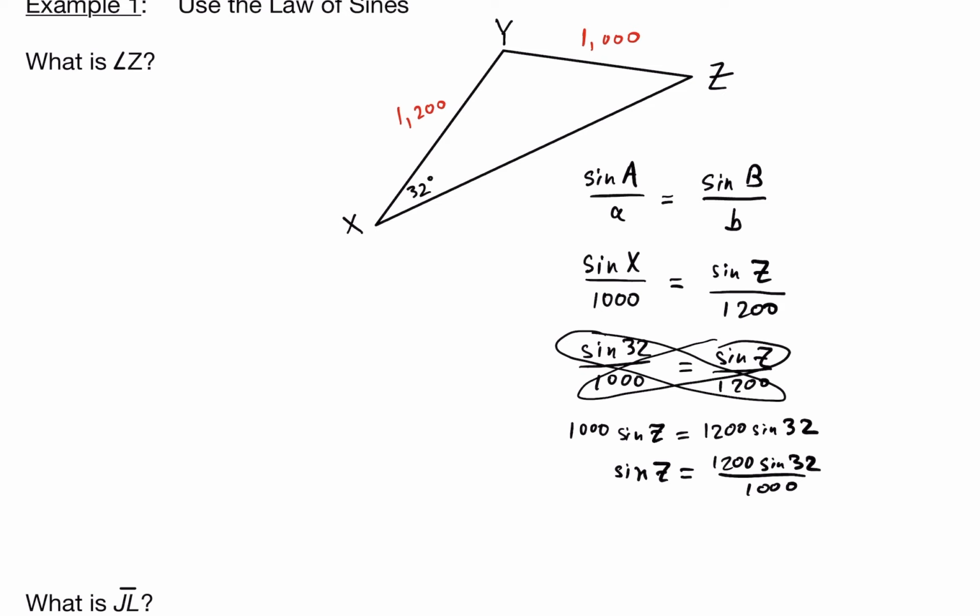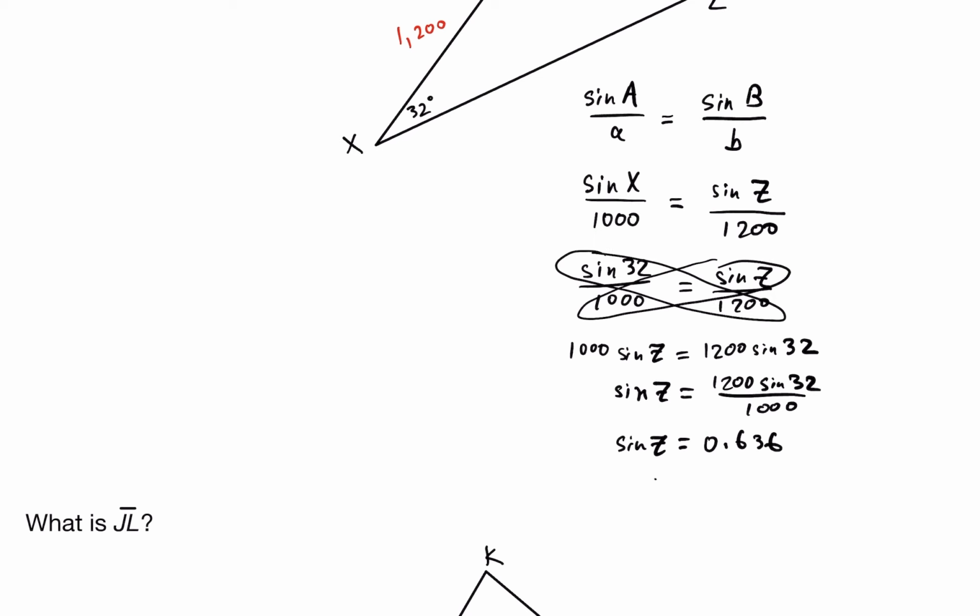If we punch those numbers into the calculator, 1,200 times the sine of 32 divided by 1,000 gives us a value of 0.636. Then if we take the inverse of that, we find that Z is equal to 39.5. So angle Z is 39.5 degrees.